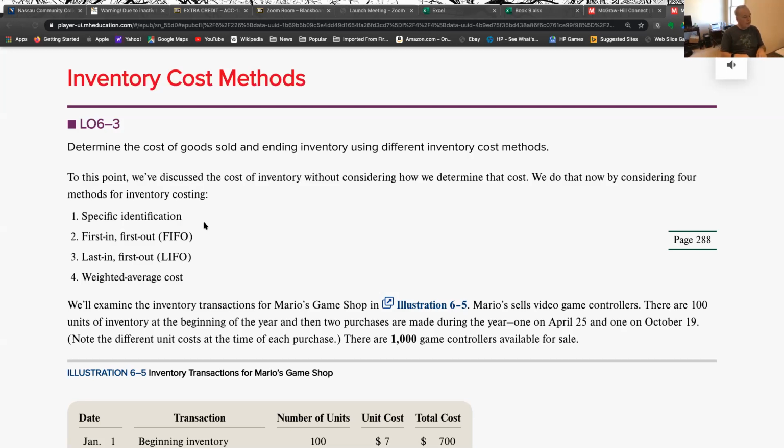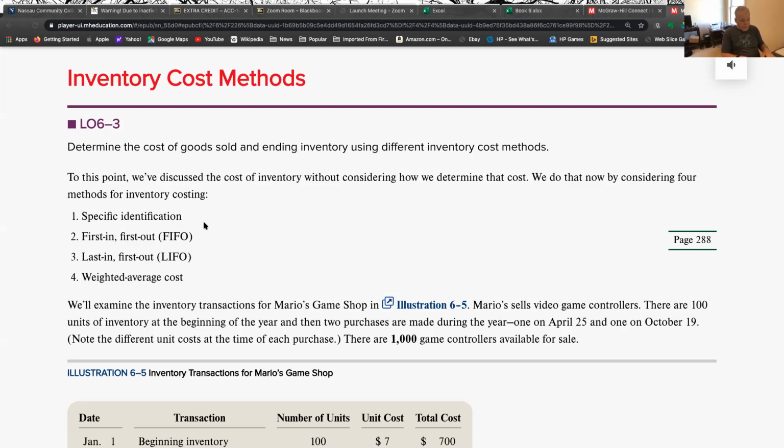So in the course of a year, you might buy inventory, I don't know, 5 times, 10 times, maybe more. What if every time you made a purchase of inventory, you paid a slightly different price? See how that complicates things?